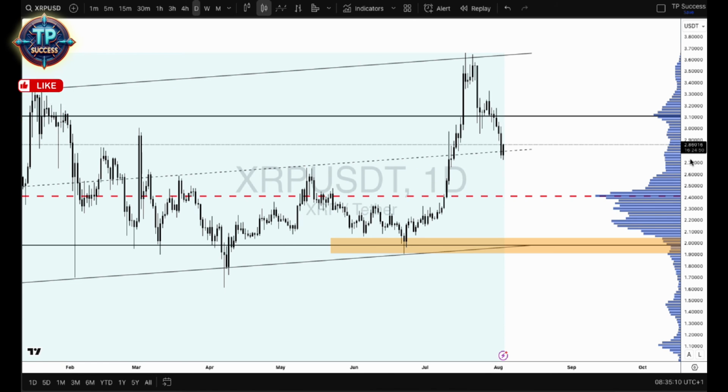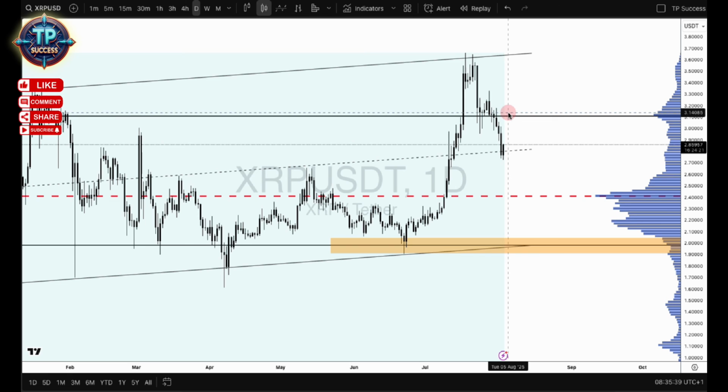So looking at where we are right now, I can see XRP is currently sitting at $2.86 or $2.85, right? So that's what we have going on right now. And what I would want to do if I was going to jump in is I would have made that move a few days ago, unfortunately.